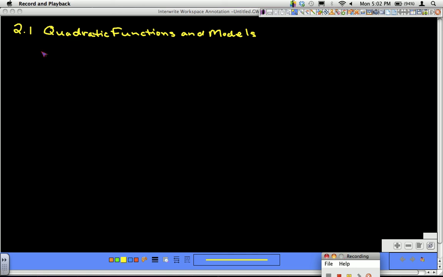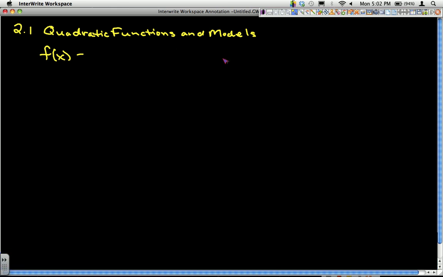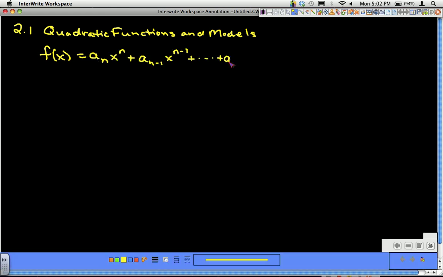And we're going to look at a little setup here, where we have f of x equals a sub n x to the nth power plus a sub n minus 1 times x to the n minus 1 power, and so on, out until we get to a sub 2 x squared plus a sub 1 x to the first plus a sub 0, which is our constant.